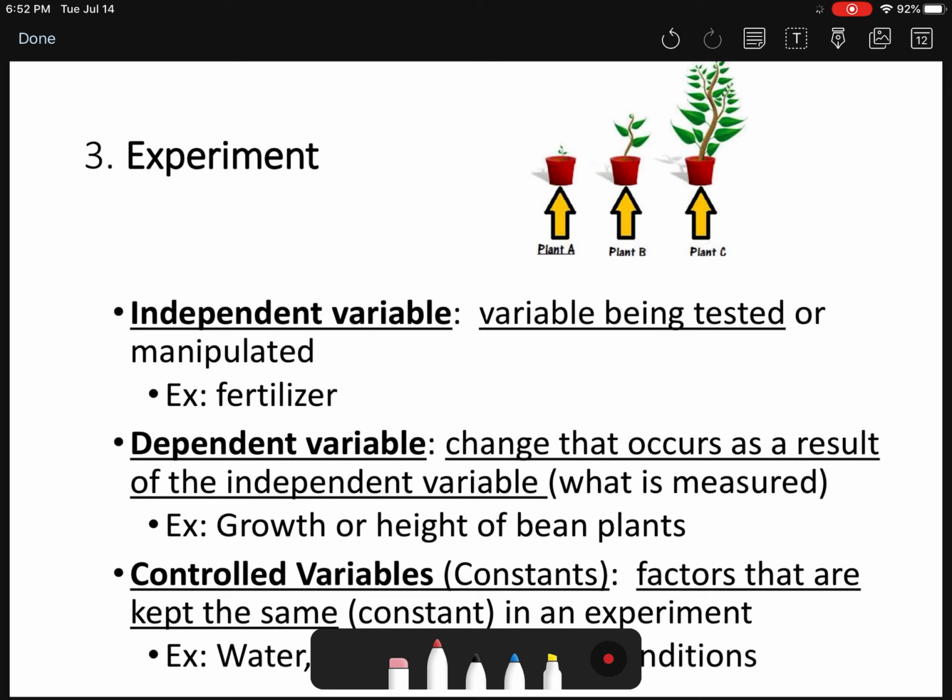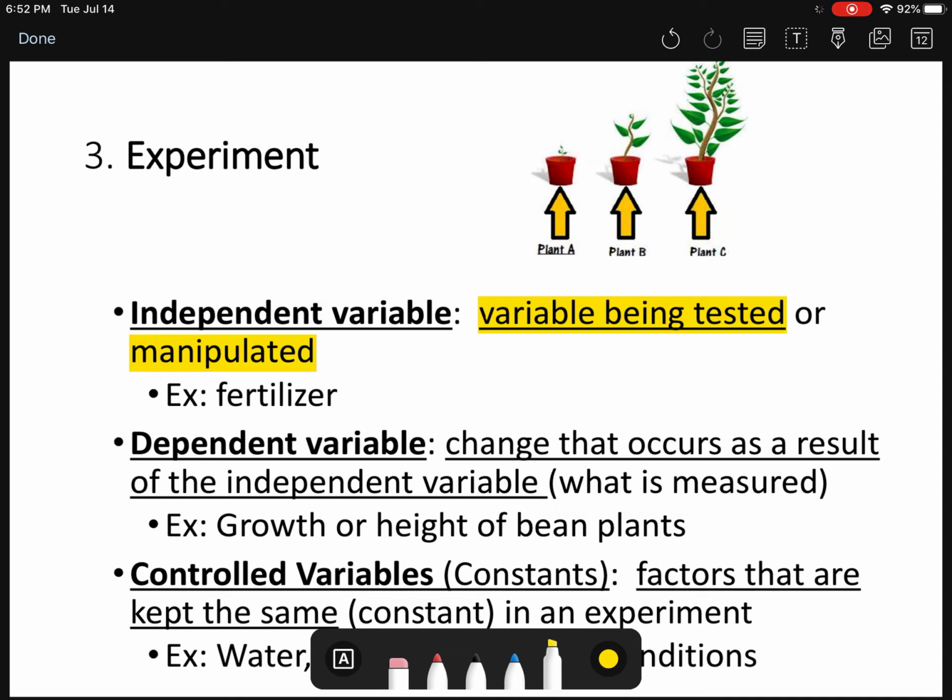So when we talk about an independent variable, that's the variable that's being tested, okay? Sometimes we say that's what's being manipulated by the experimenter. So if we were to say 3 plants, plant A, B, and C, and we want to test the effects of fertilizer on the growth of those plants. Our problem question might be, how does fertilizer affect the growth of plants?